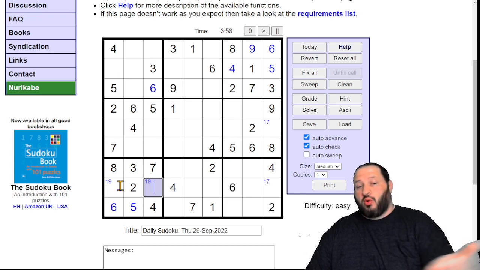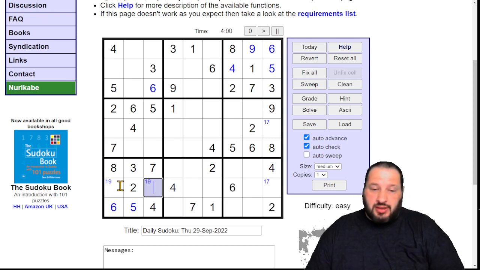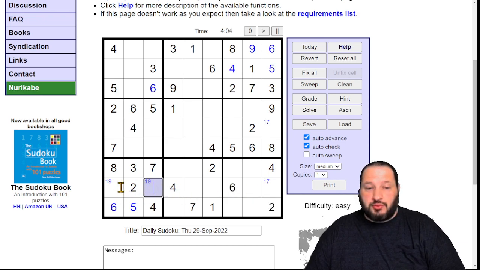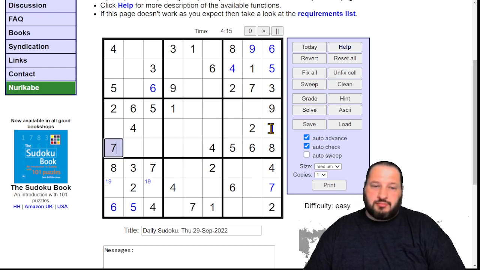That means in the whole row or the column, there cannot be any other 1s or 9s in this entire row. See that? It doesn't matter if this is a 1 or this is a 1. This cannot be a 1 in the same row. So we know that's a 7. We know that's a 1. Let's solve that with a little simple ghost row.